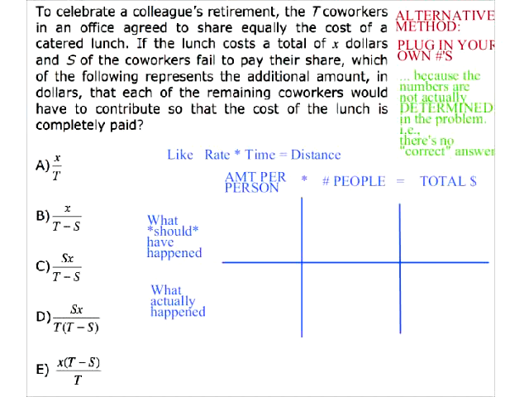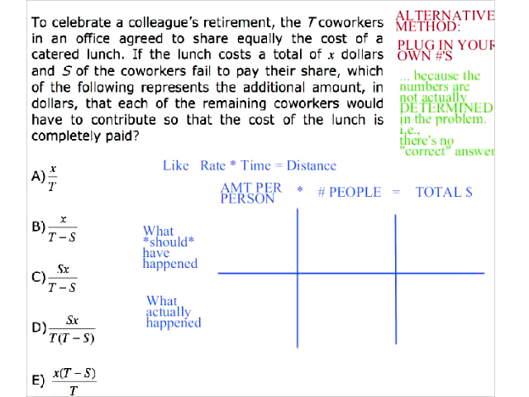So let's just pick a value for this. Let's move that down a little bit. Let's just say that the lunch costs a total of $60, because 60 is a nice number. Like 60, every number between 1 and 6 goes into 60. So let's say x is 60. Make sure you write down the values.